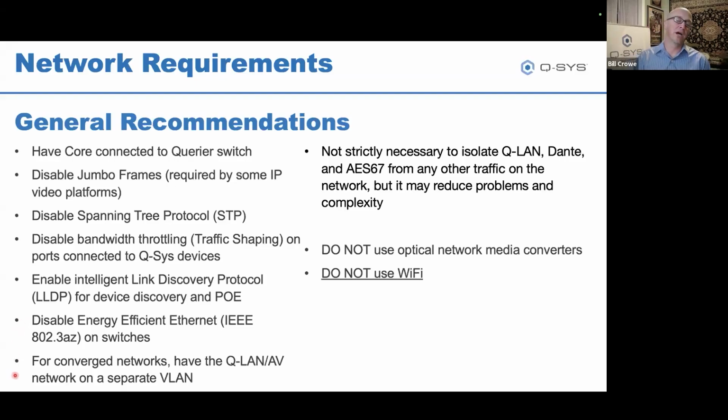For a converged network, where you are often forced to have an AV network converged with the owner's network, we highly recommend carving out a separate VLAN for the AV devices. That provides a sandbox, if you will, where if we need particular QoS values or IP address schemes or anything custom or tailored to the AV network, we have a VLAN to do that.